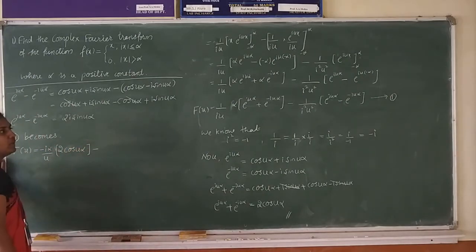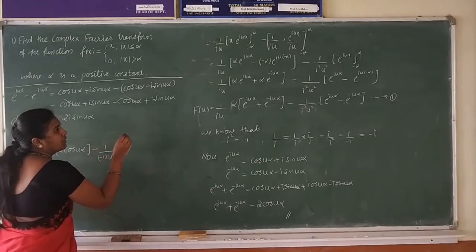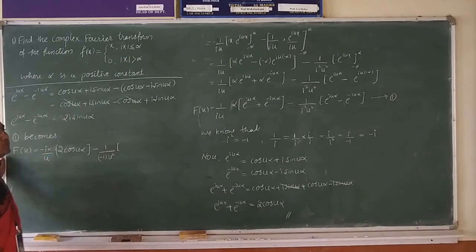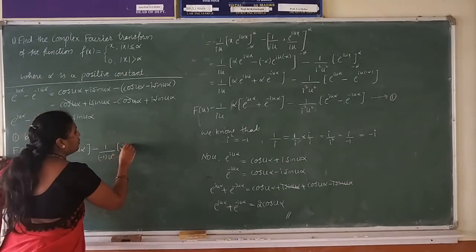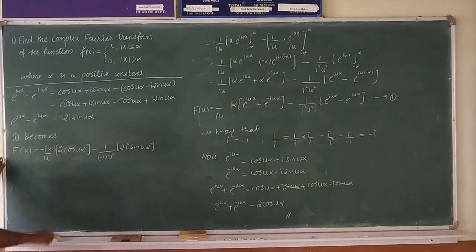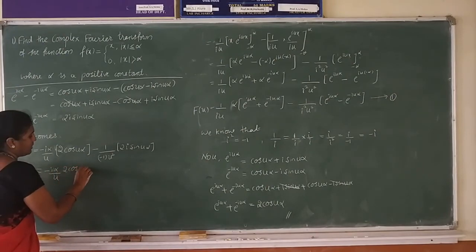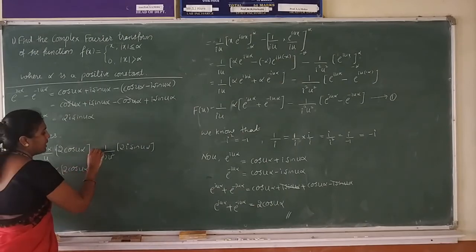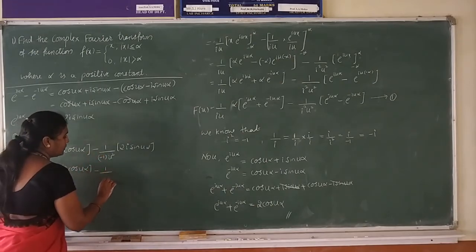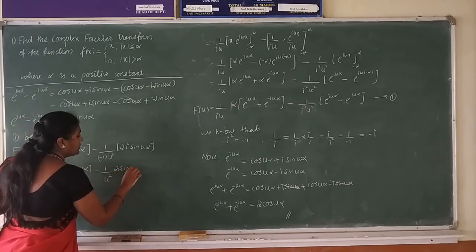Next, 1 upon i square u square means minus 1 into u square, and e to the power iu alpha minus e to the power minus iu alpha is 2i sin u alpha. Simplifying, this equals minus i alpha upon u, 2 cos u alpha, minus into minus plus 1 upon u square, 2i sin u alpha.